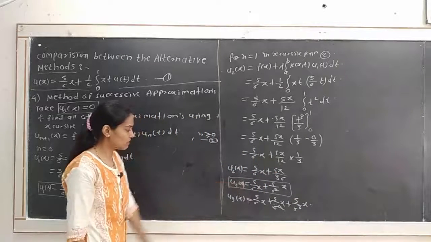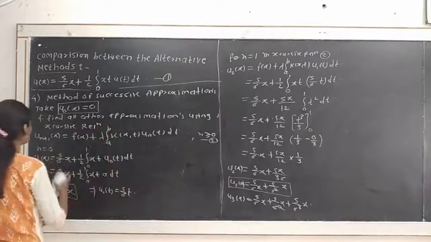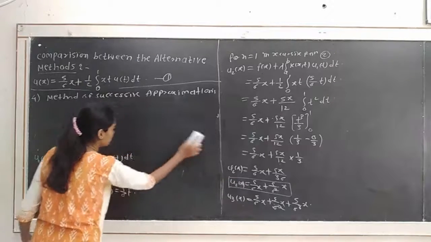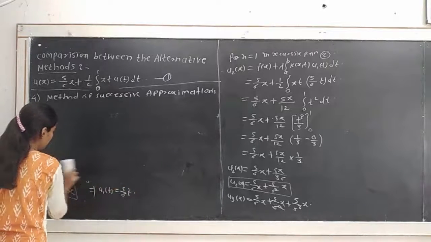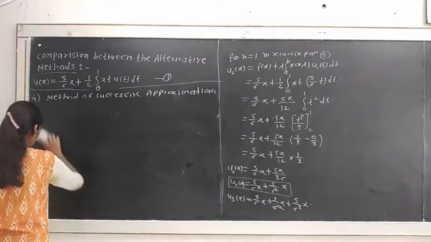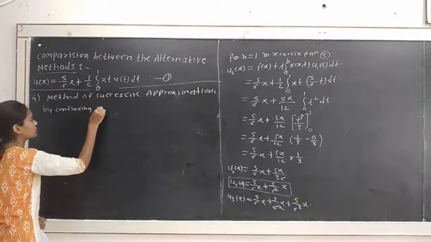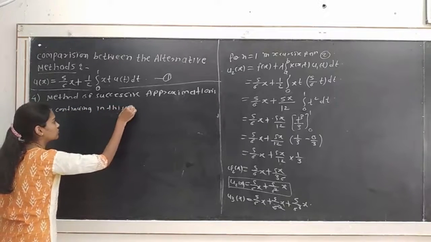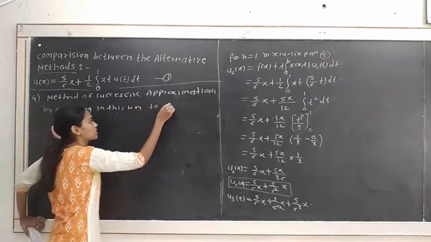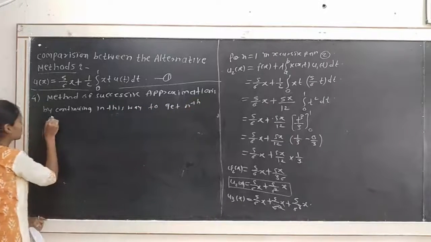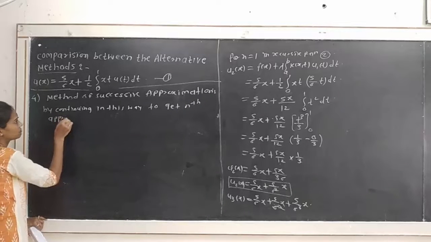In this way, if we generalize this to n, that is if we find the nth approximation, continuing in this way we get the nth approximation of the successive approximation.